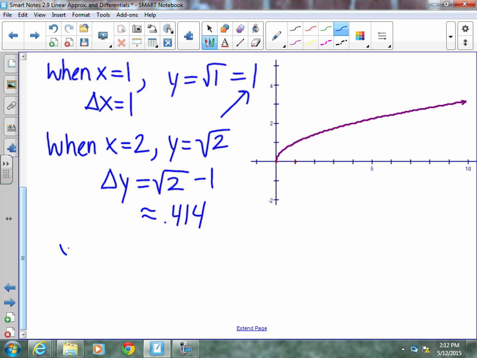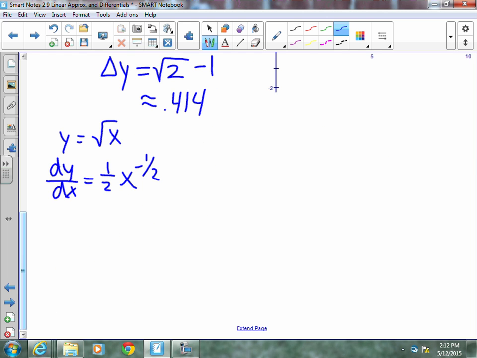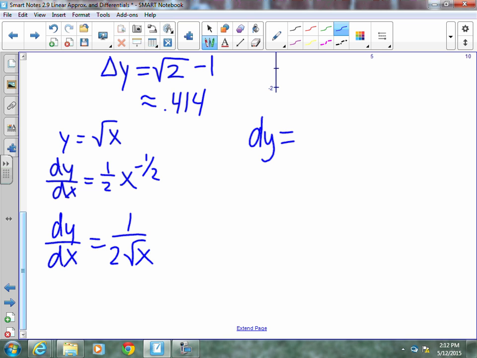Now, if y equals radical x, that means that dy/dx equals 1/2 x to the negative 1/2, or 1/(2 radical x), which means that dy, our estimation using the tangent line, because we derive, we're using the tangent line at whatever value we plug in for x, which is going to be a 1, times our dx.